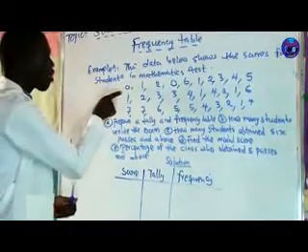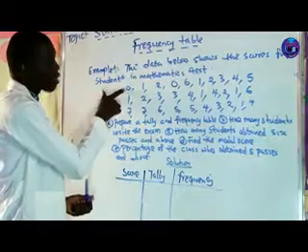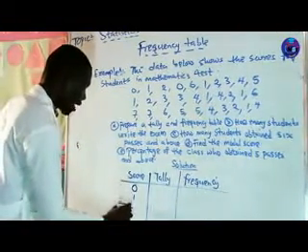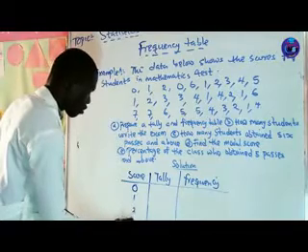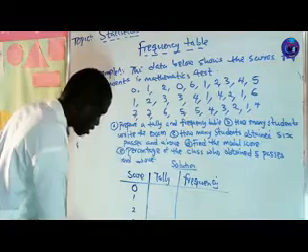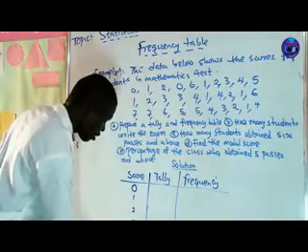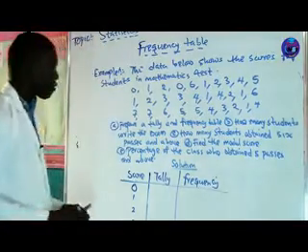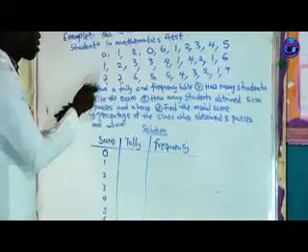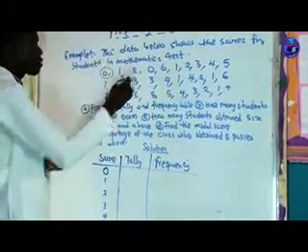Looking at this, the least score is 0. So you are going to start from 0, 1, 2, 3, 4, 5, 6, 7. Now, how many times does 0 occur here? Let's circle 1, 2.